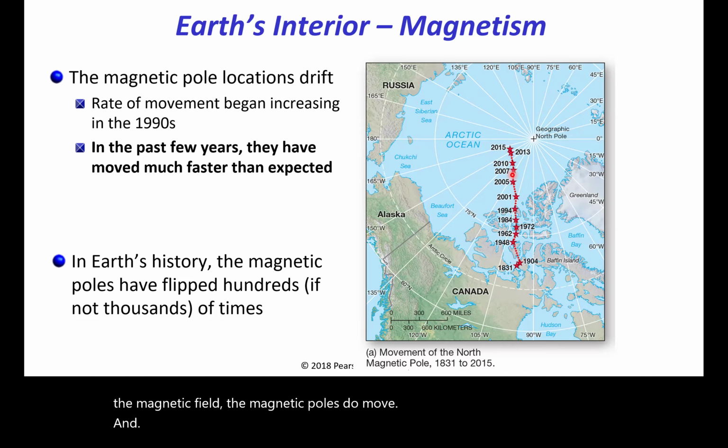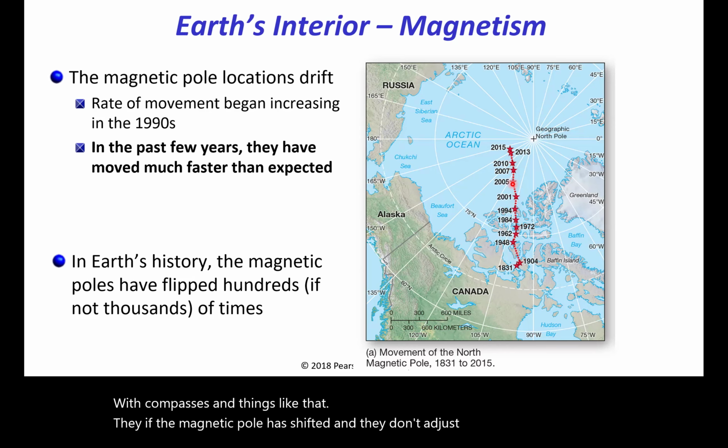Since navigation uses the north magnetic pole for compasses and things like that, if the magnetic pole has shifted and they don't adjust for it, they will end up not going where they wanted to go.